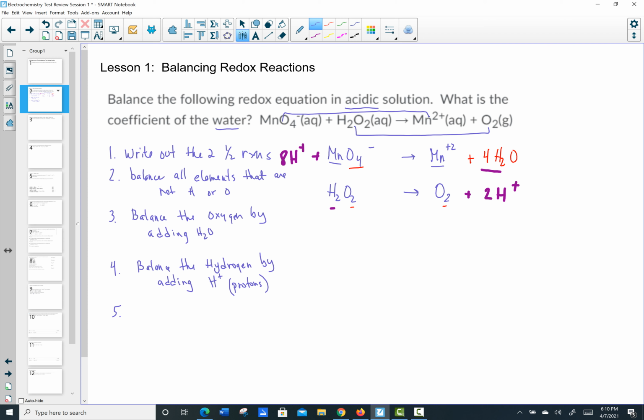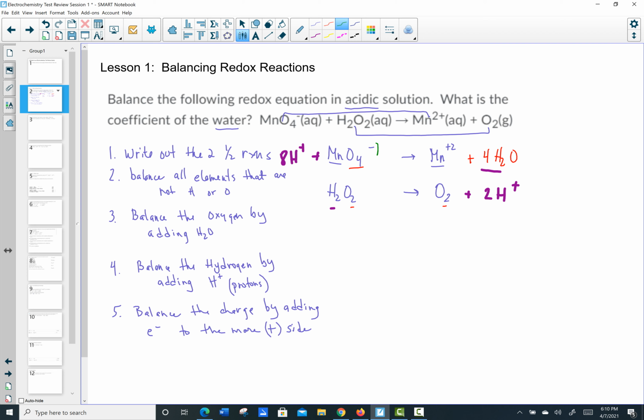In your next step, we balance the charge. And we do that by adding electrons to the more positive side. There, got that written out. Let's check where we're at right now.